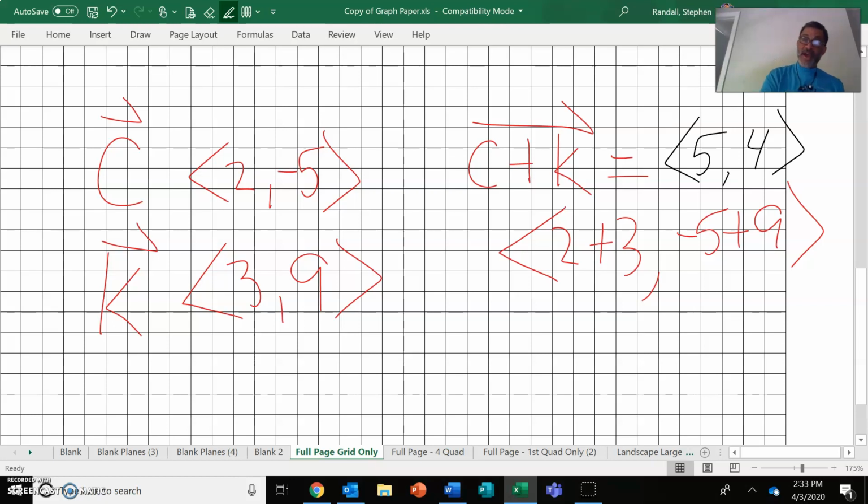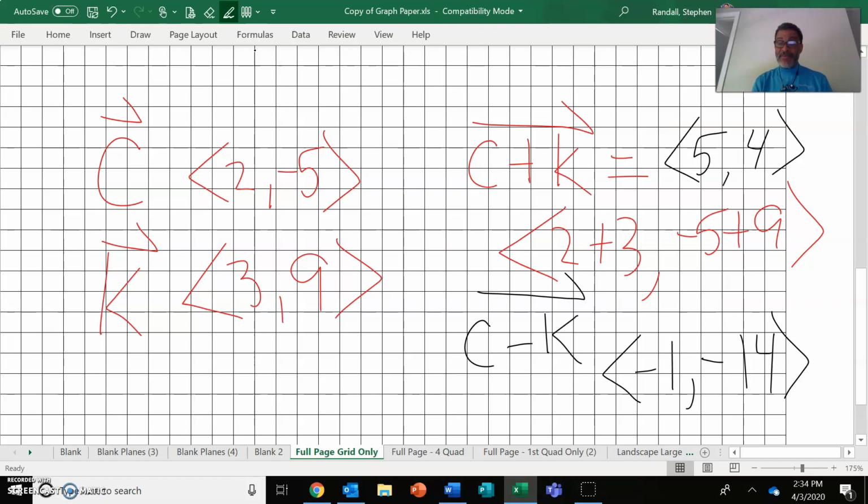If we subtracted the vectors and we went C minus K, you can do the same thing. 2 minus 3 is -1. -5 minus 9 is -14. Because remember, we subtract by going in the opposite direction.